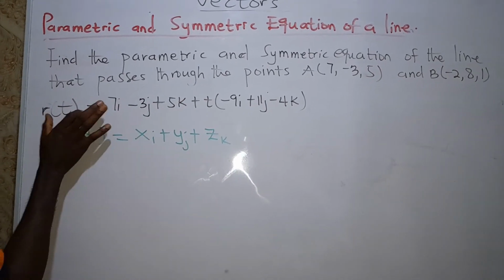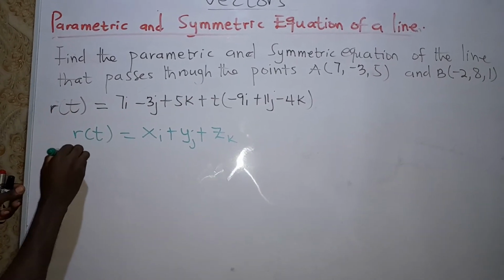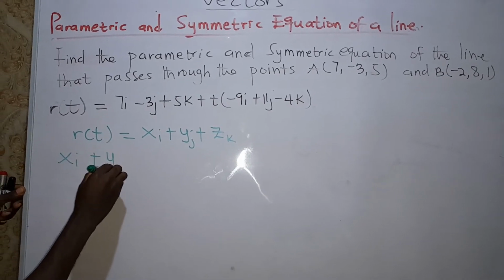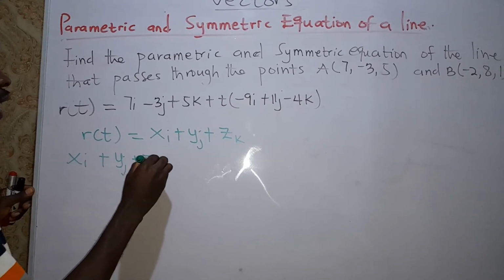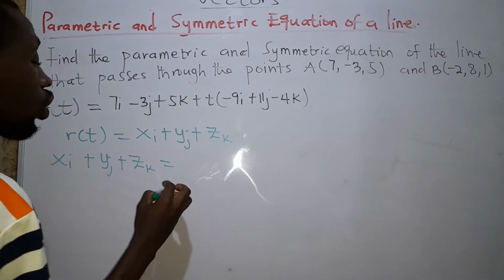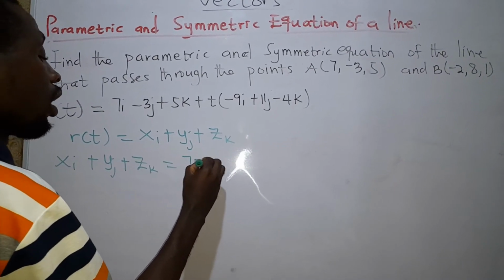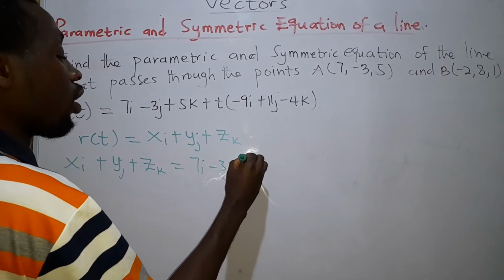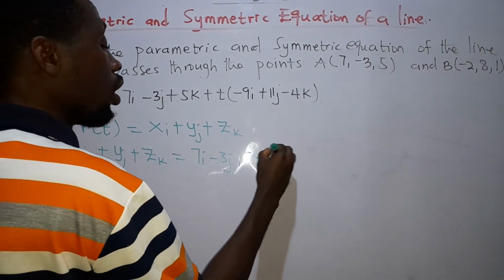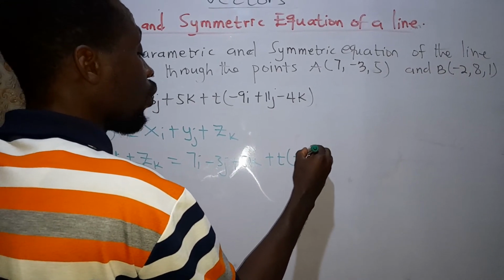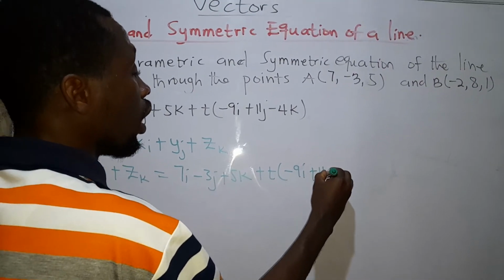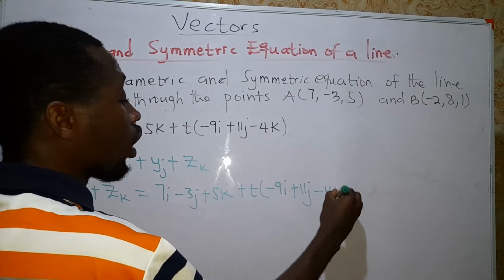We substitute this in place of r(t). So we say xi plus yj plus zk will be equal to 7i minus 3j plus 5k, plus t times the bracket -9i plus 11j minus 4k.